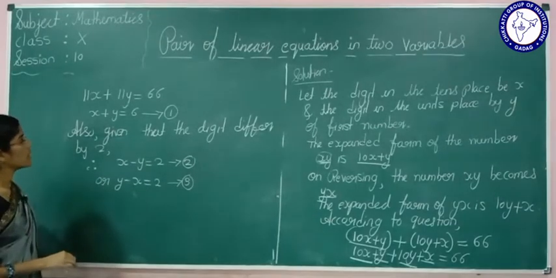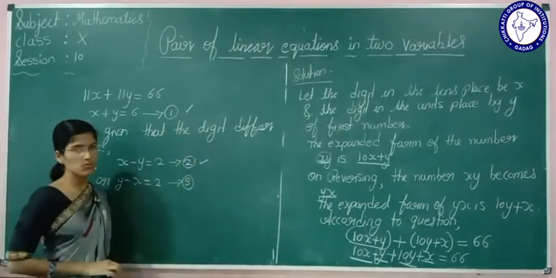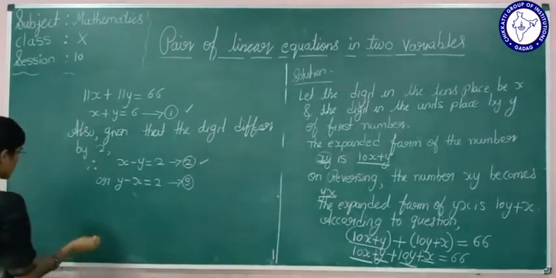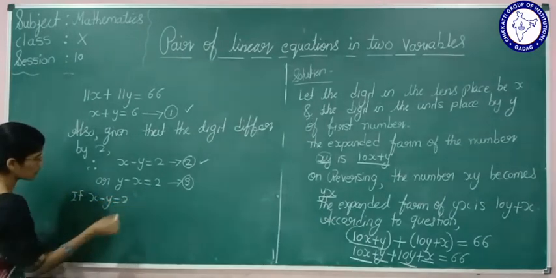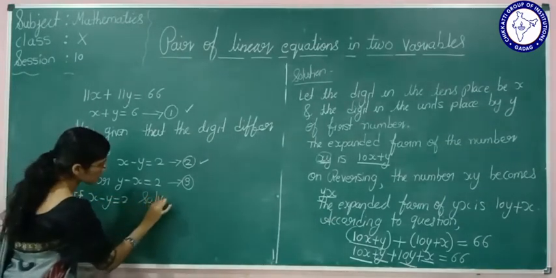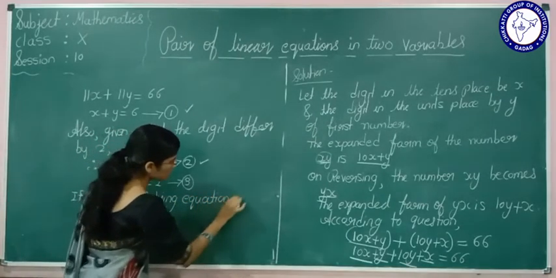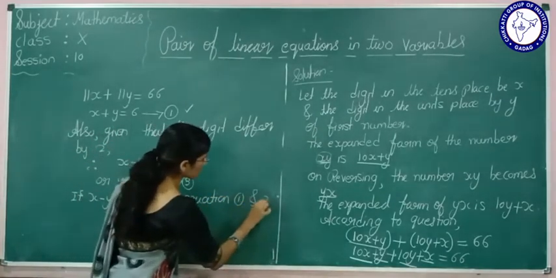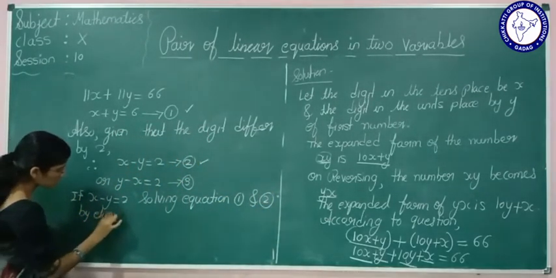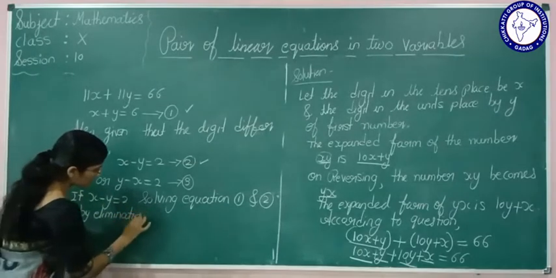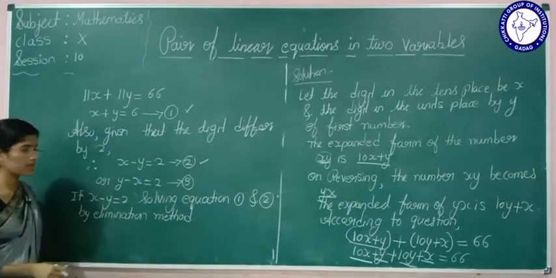Okay. Now we will solve equation 1 and equation 2. If x minus y is equal to 2, solving equations 1 and 2 by the elimination method.